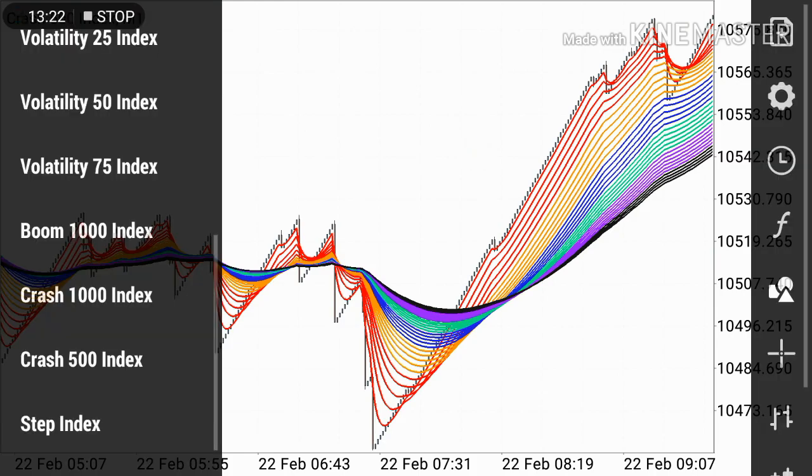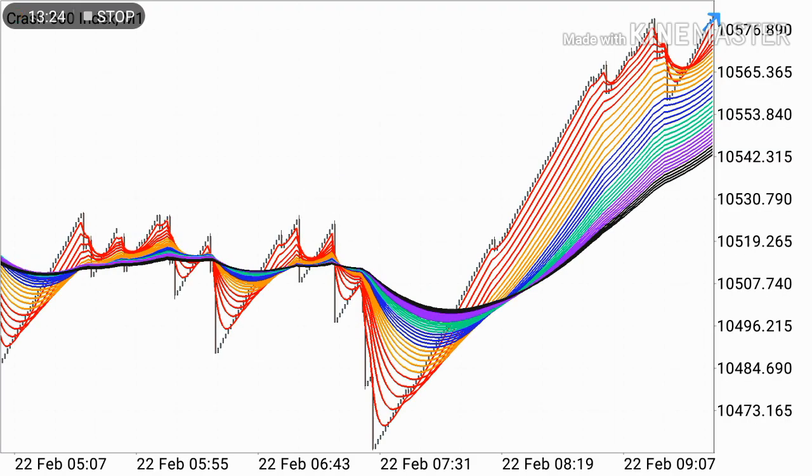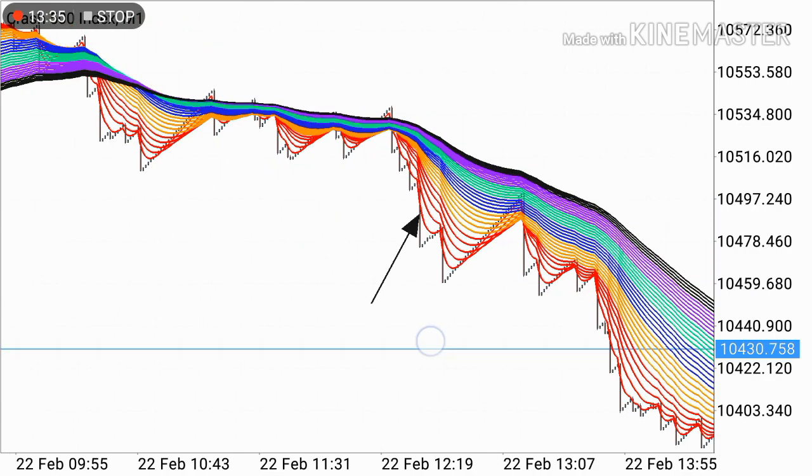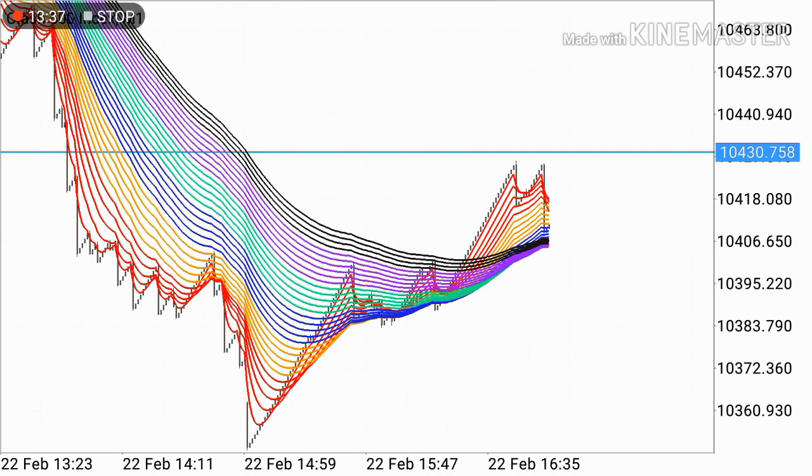Sorry, this is crash. You have to look upside. And look, spike. Also look at this one, spike. Also this strategy works for spike trading. And look at that last one, spike. And look at this one, spike.